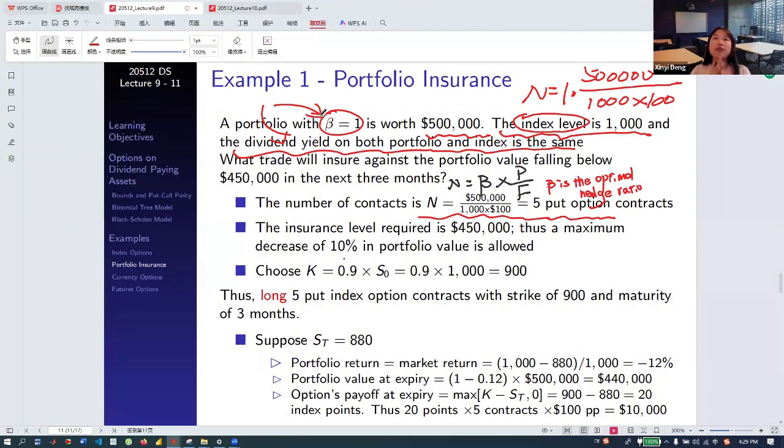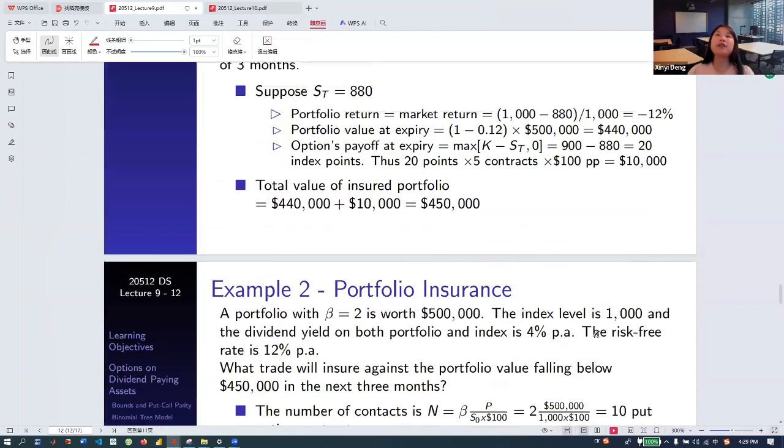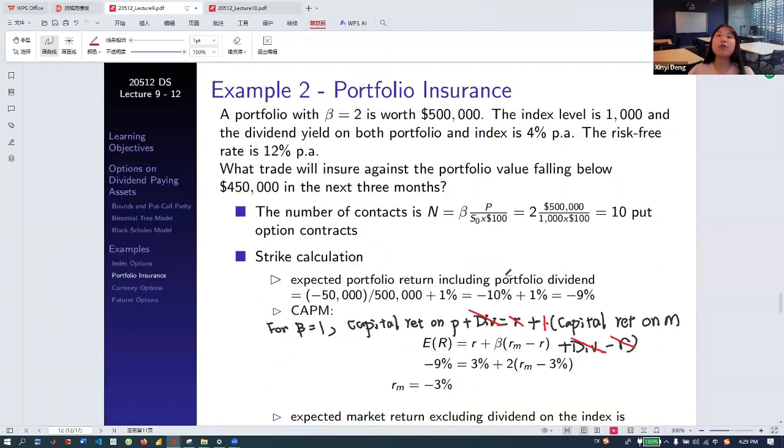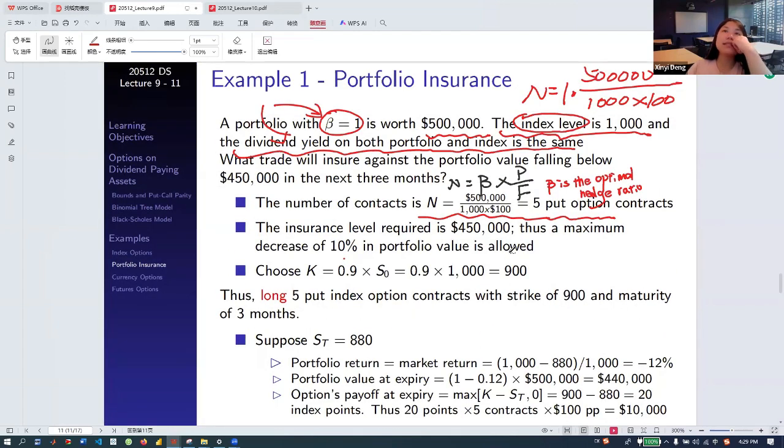So we don't have dividend yield in the calculation, but it's merely because beta is equal to 1. Later, I'll show you guys how that cancel out of dividend yields is achieved when we see the more general formula. But for now, let's just pretend that we don't have any dividend yields.